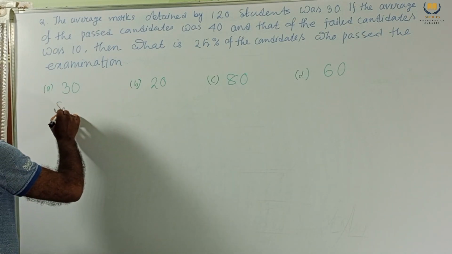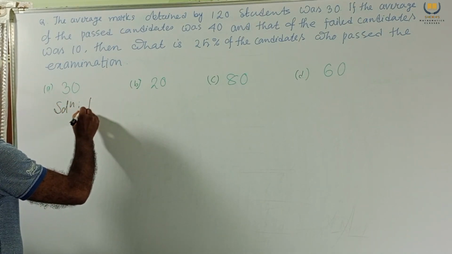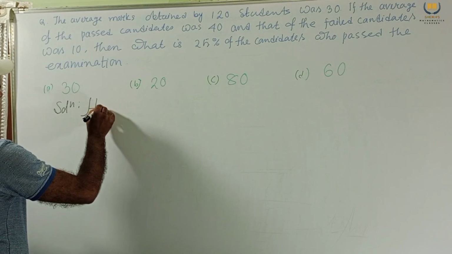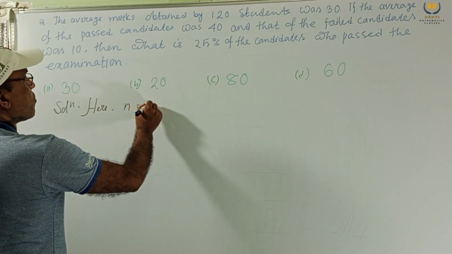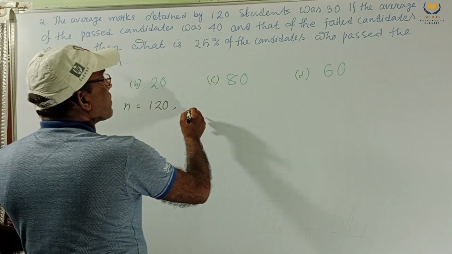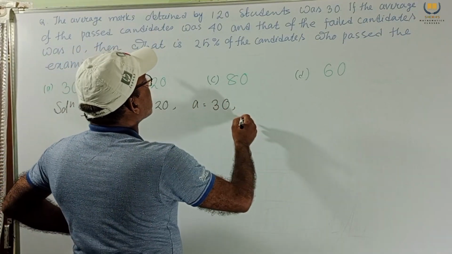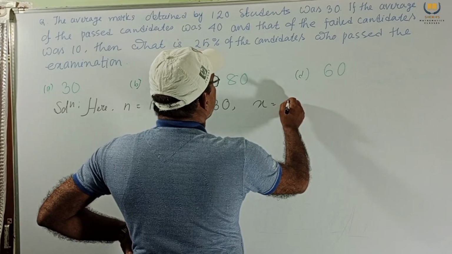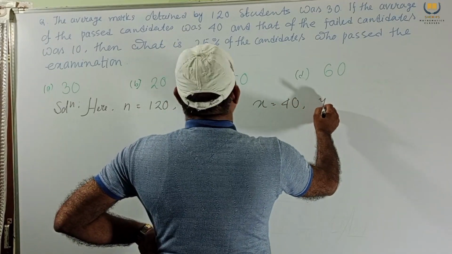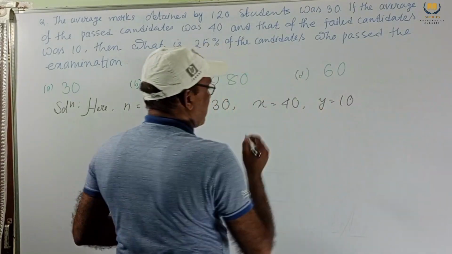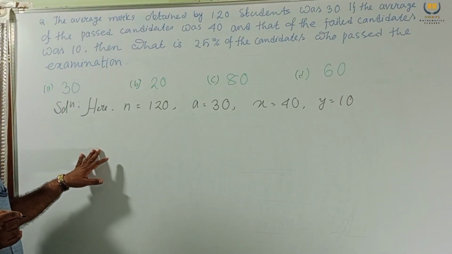Now the solution. What is given here? Here n equals 120, A equals 30, X equals 40, Y equals 10. These are given.